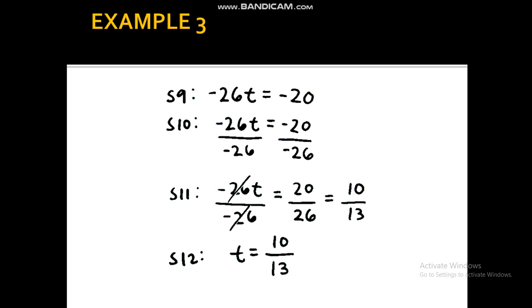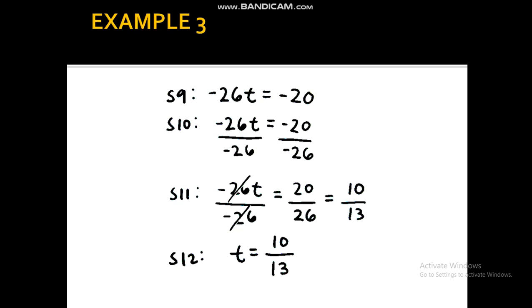Step 11, in the left hand side, I cancel same terms. In the right hand side, we have the positive fraction 20/26. It is positive because in step 10, both the numerator and the denominator in the right hand side are negative. So the result is a positive quotient.